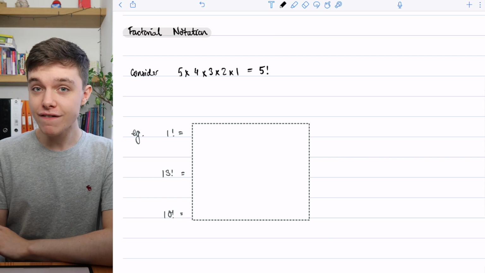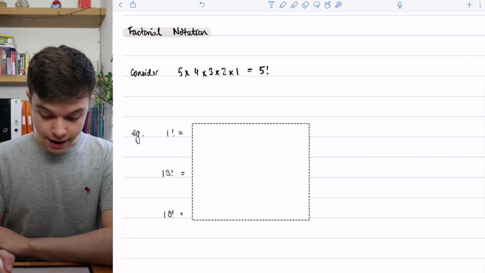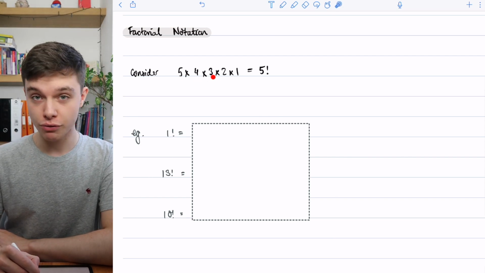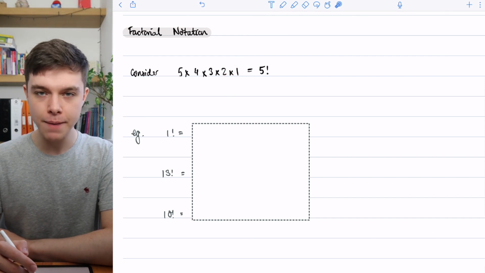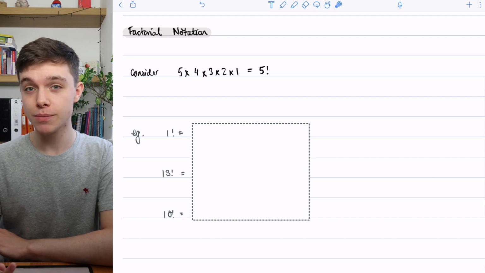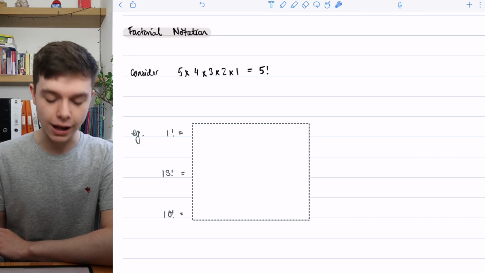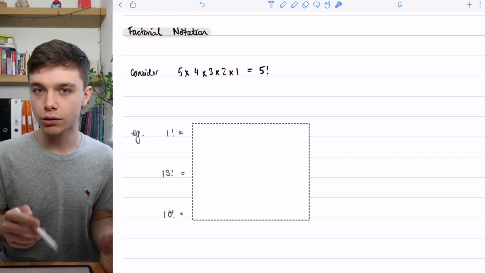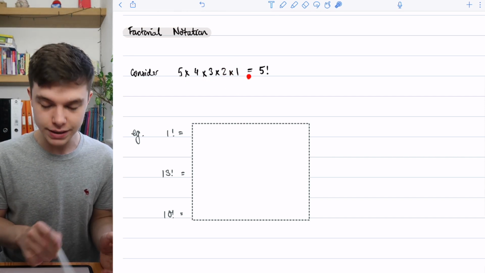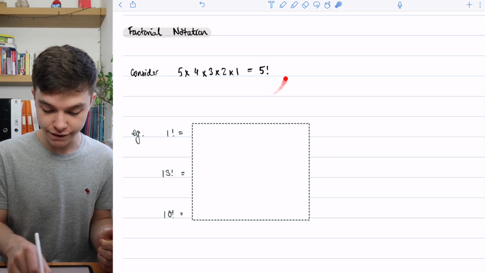So 5 factorial just means 5 times 4 times 3 times 2 all the way down to 1. Of course we don't need that 1 there because multiplying by 1 doesn't change anything, but for some reason we just always include it.